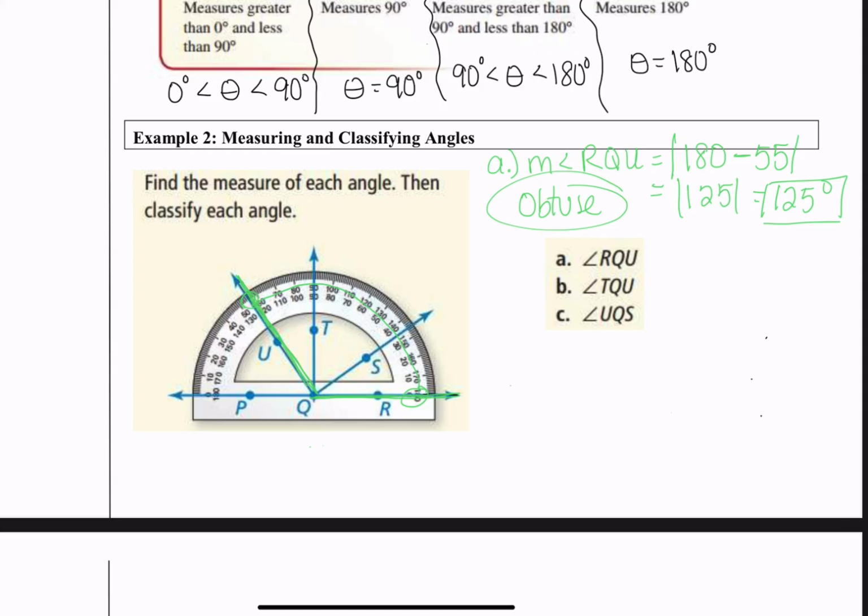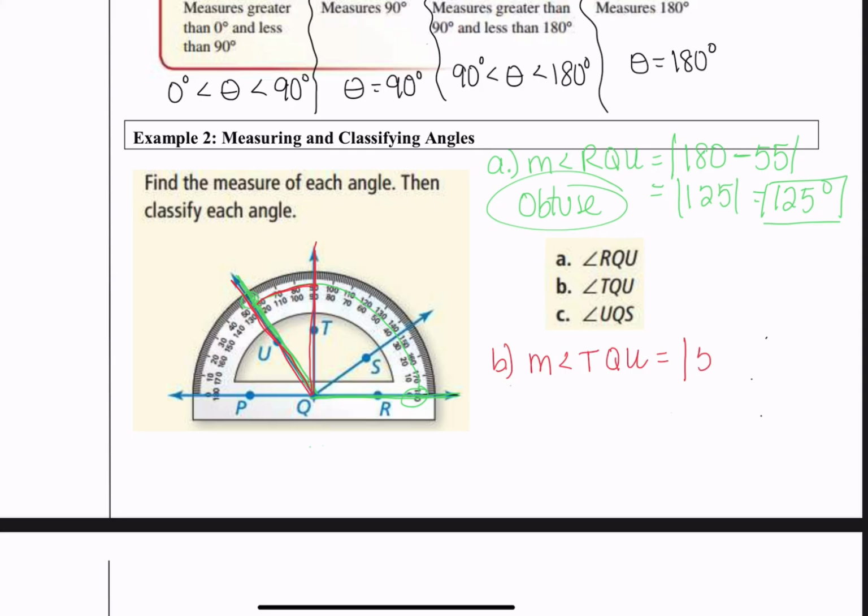Now let's look at B. So now I'm going to look for the measure of angle TQU. All right, so it looks like TQU is this angle here. And why don't I stick with those outside numbers? So I'll continue on with my 55 degrees.